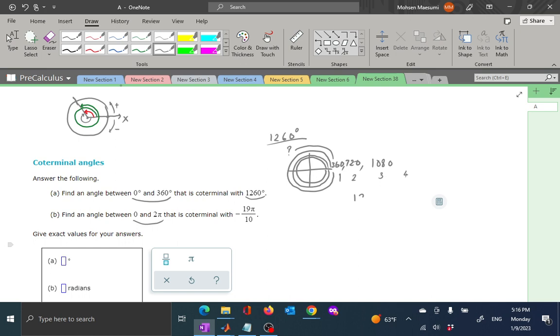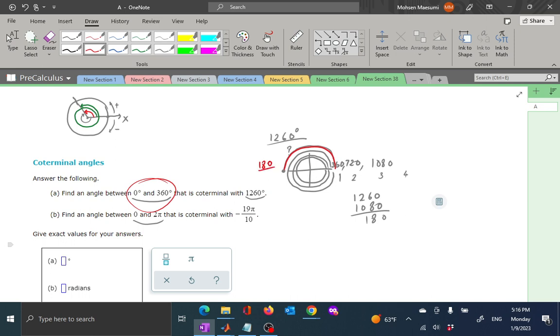So I take 1260, subtract 1080 from it, so that's 180 degrees. So he has actually come all the way to here, and that's where his stopping location is. So the angle that is in 0 to 360 and coterminal with his location is this angle of 180.